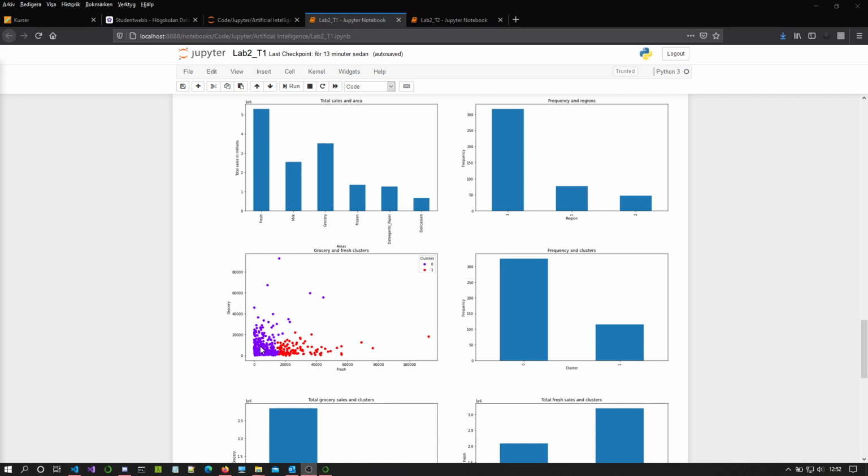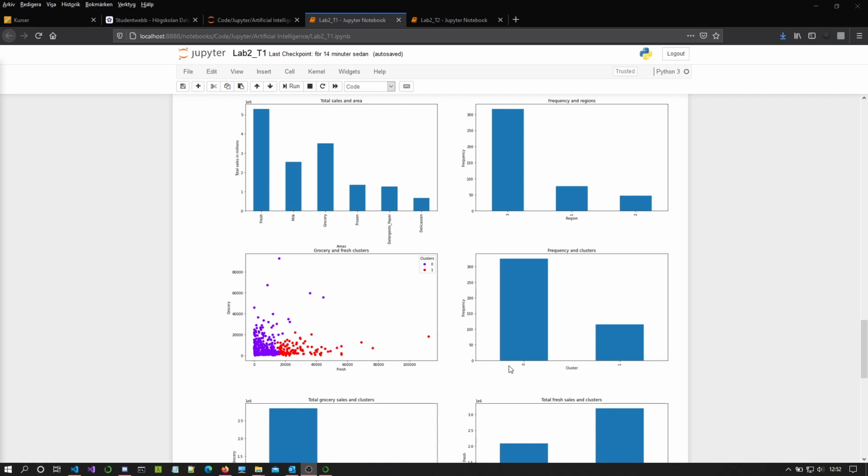Each individual in this cluster doesn't buy so much fresh or grocery, whereas cluster 1 buys a lot more from the fresh category, but still not so much in the grocery, whereas cluster 0 buys some more grocery.